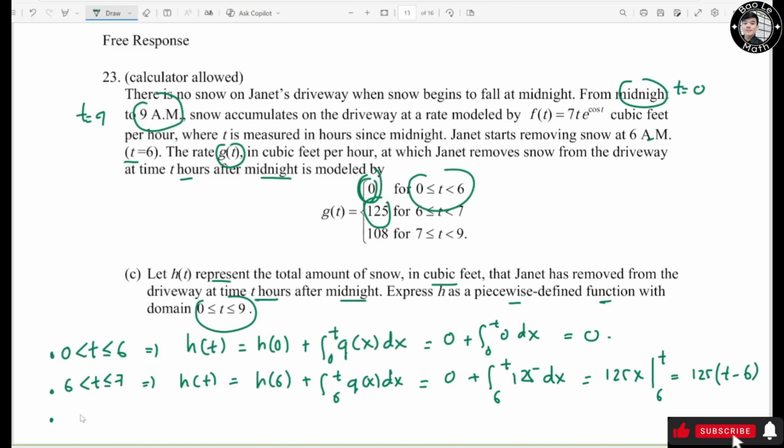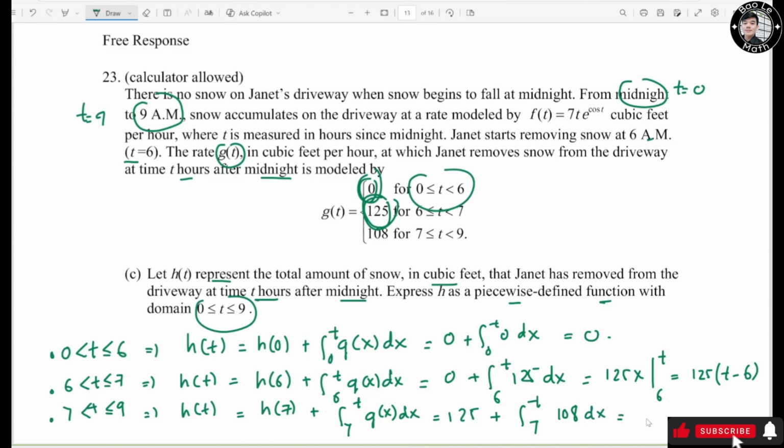The third interval is going to be from 7 < t ≤ 9. Then you have h(t) equals h(7) plus the integral from 7 to t of g(s) ds, right? h(7) is going to be 125 right here, plus the integral from 7 to t of 108 ds.